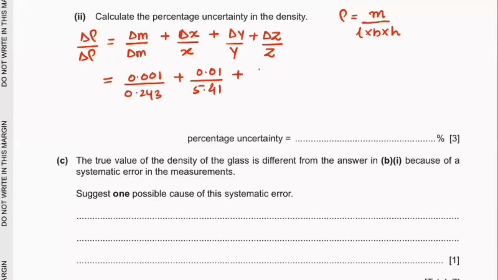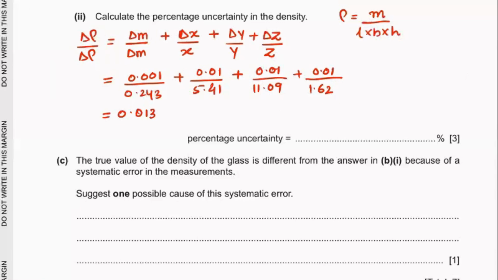The uncertainty of y upon the actual value of y, 11.09, plus 0.01, the absolute uncertainty of z upon the actual value of z, that is 1.62. By this we will get the fractional uncertainty of density. Simply put this in the calculator, you will get 0.013.